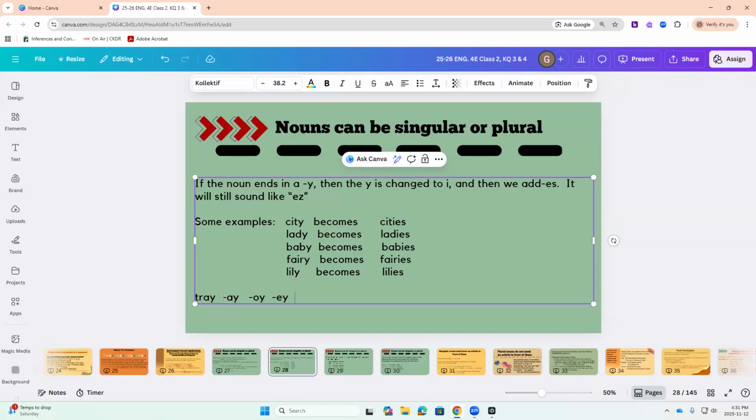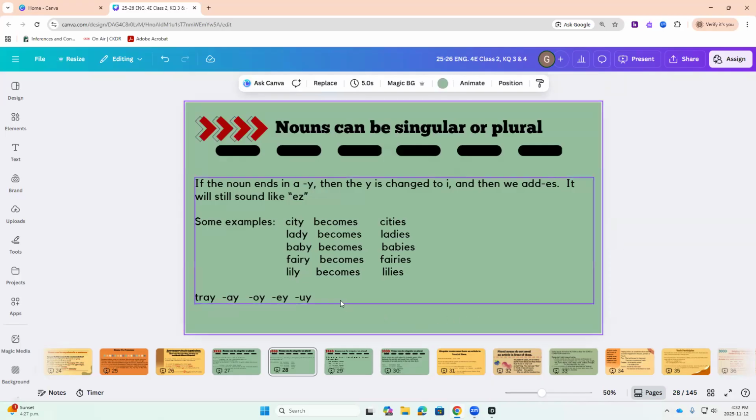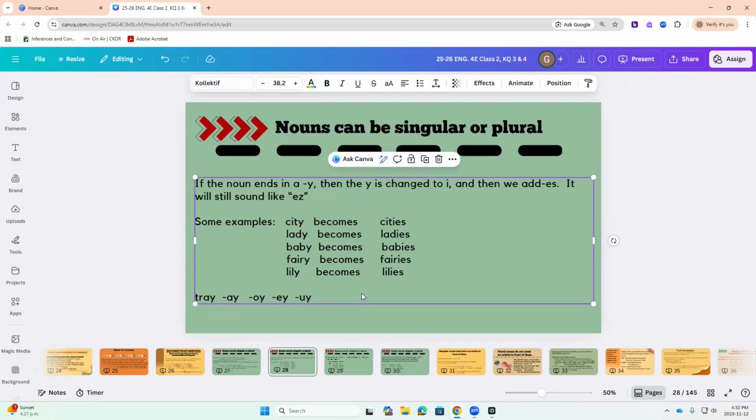You're not going to see IY very often, and you're going to see UY very rarely, like guy, buy. But when it's right next to a vowel, those ones aren't going to change. This Y is coming after a consonant, right? You guys know what I mean when I say a consonant, right? Vowels are A, E, I, O, U. Consonants are all the other letters.